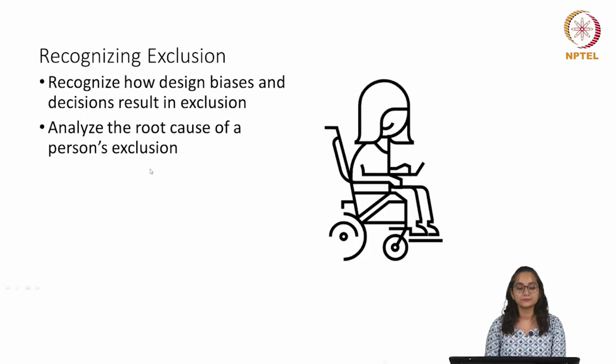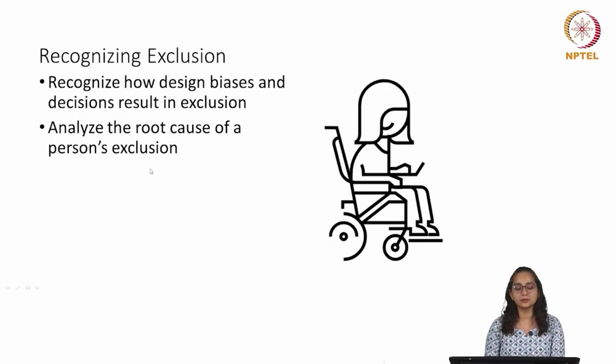So all of these aspects we should try to curb and recognize how design biases and design decisions result in exclusion. We should try to analyze the root cause of a person's exclusion, and we have discussed some of the tools which can help us in doing that. Empathy mapping can be one of them.